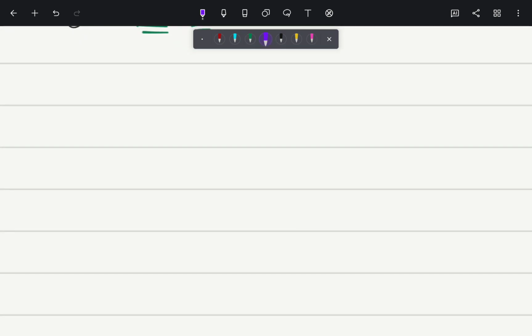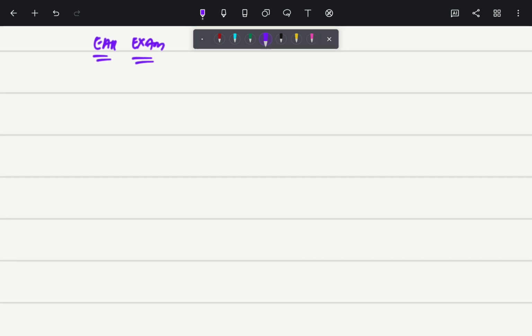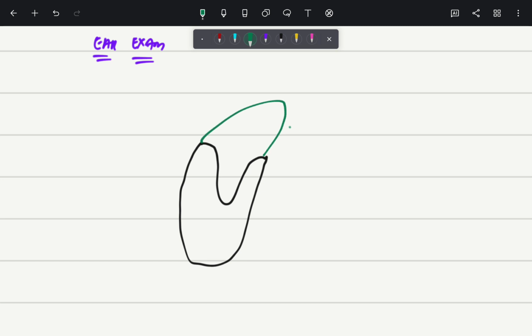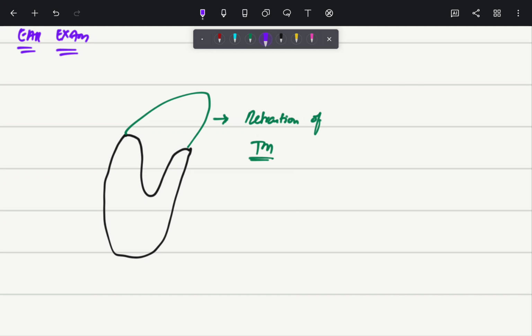Now let's talk about the ear examination. How will it look when you do an ear examination? This is the tympanic membrane. Sometimes you can see retraction of the tympanic membrane on ear examination. This will lead to cholesteatoma formation.